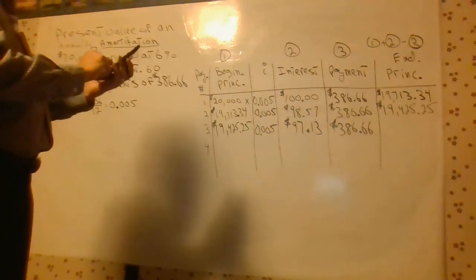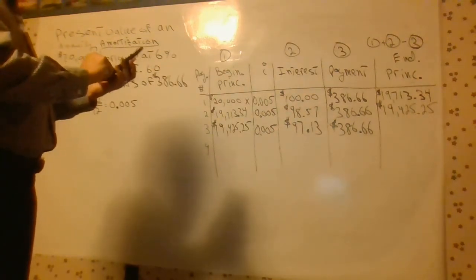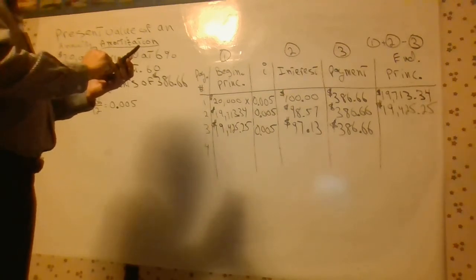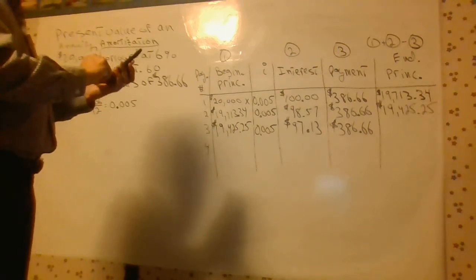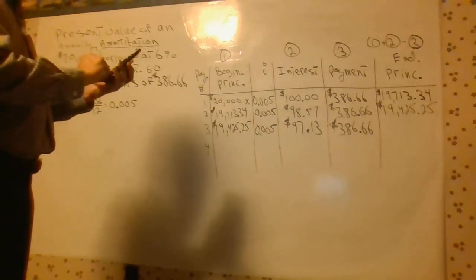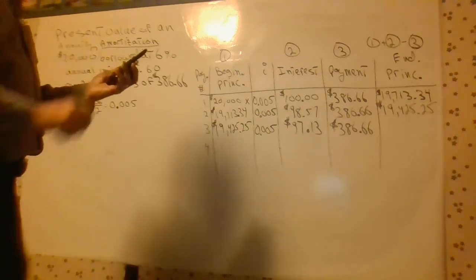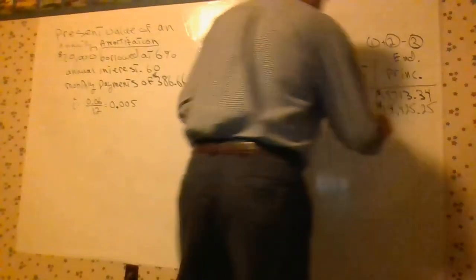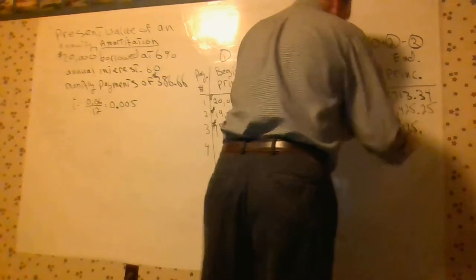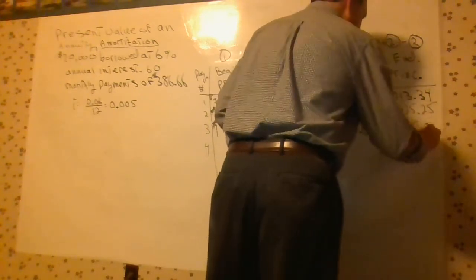Let's try it again. 19,425.25 plus 97.13 minus 386.66, 19,135.72.